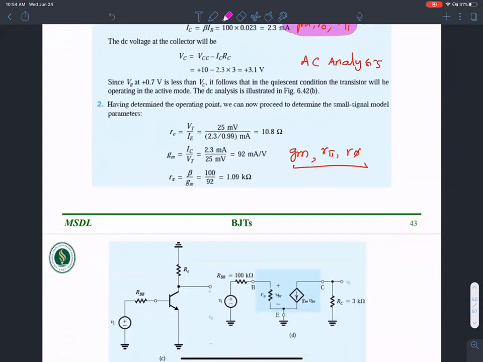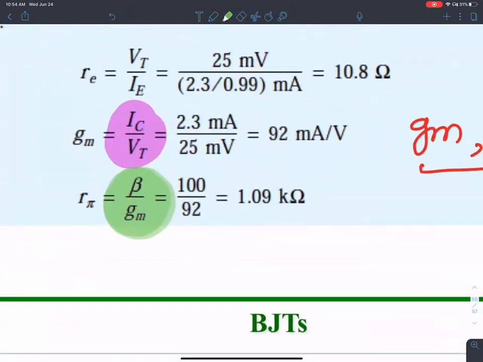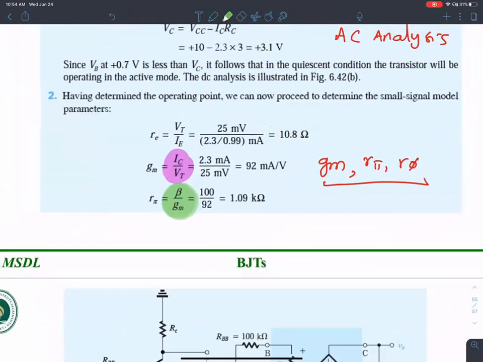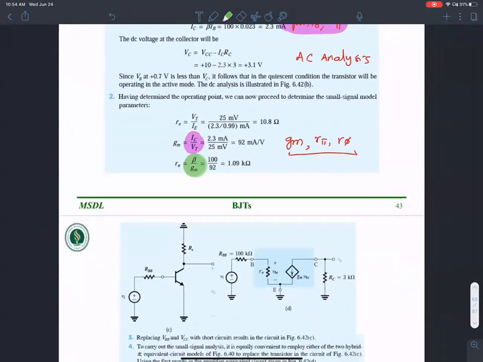Then all you have to do is plug in the numbers. You know the value of IC, so you know the value of VT, and you can calculate GM. Similarly, the beta value is given. You found the GM value in the earlier step, so you can calculate R pi.